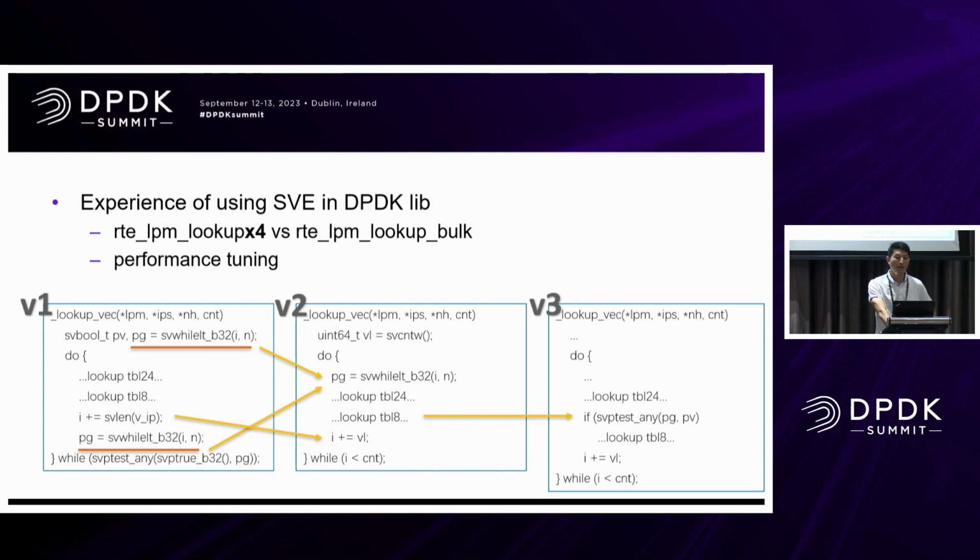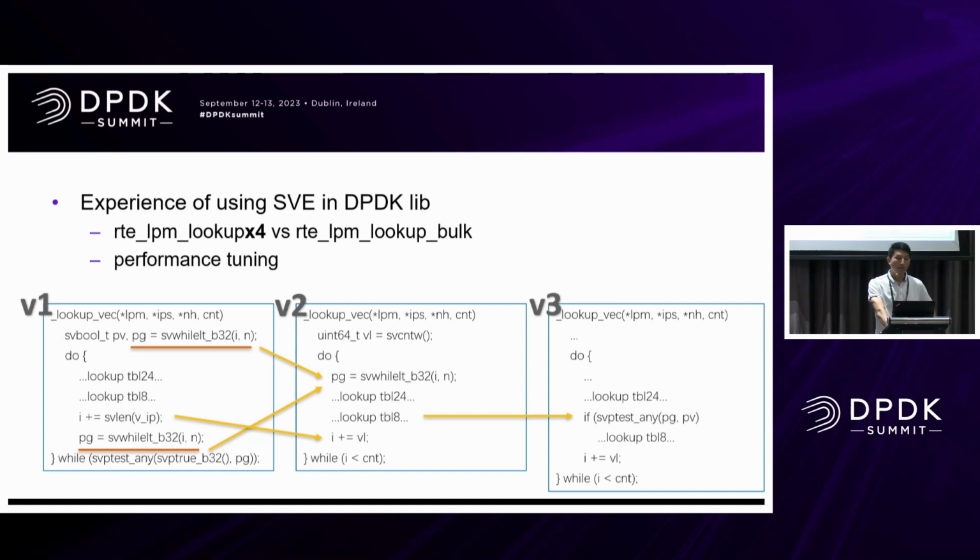Some prefixes, we can call it a tail. For most of the IP addresses, they have prefixes of no more than 24 bits. So only table 24 will be looked up. So here we add a check to avoid some processing on table 8.